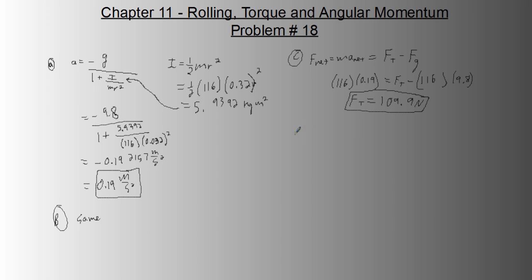And then part D asks, was the tension near the cord's limit of 52,000 newtons? Not even close. No. Part E asked, will the magnitude of the yo-yo's acceleration as it falls be greater than, less than, or the same as that of the San Francisco yo-yo?